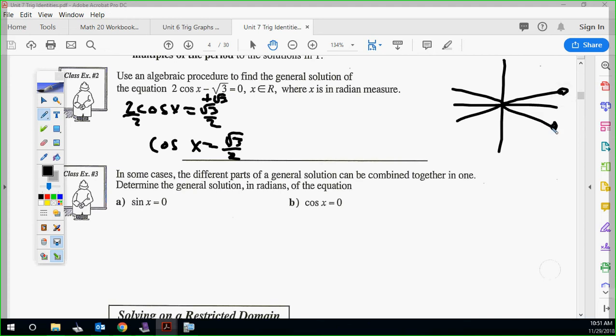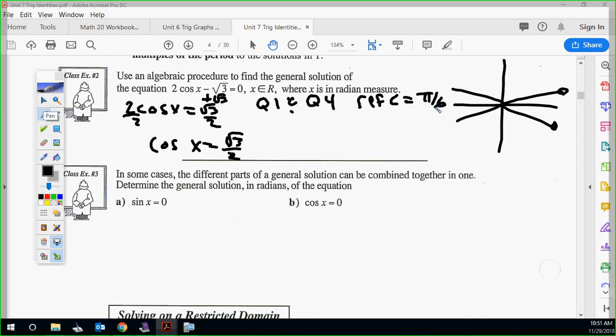Okay, good. So that means we know we're in quadrant 1 and 4. We know our reference angle is 30, or wait, do they have this in radians? Oh, they want radians. So our reference angle in radians is pi over 6.